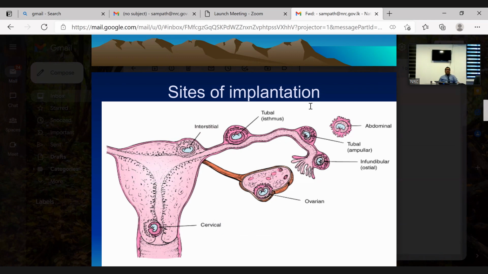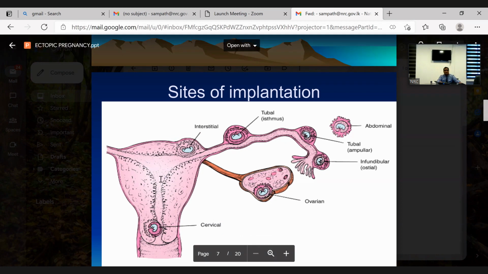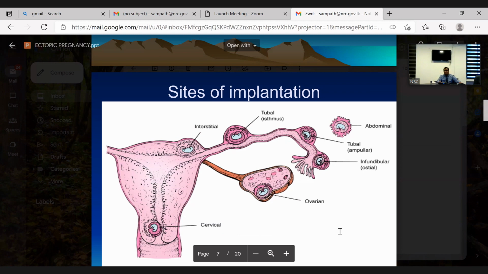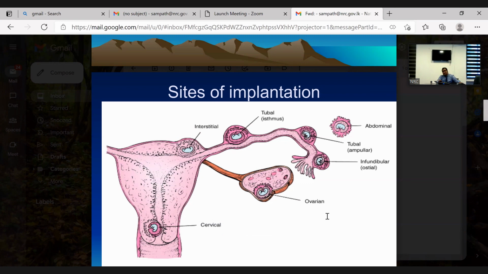So the sites of implantation, like I have told, the normal site is this, where I have put my cursor. Any other places, cervical, interstitial, cornual, ovarian and abdominal, all these are ectopic pregnancies. Right?